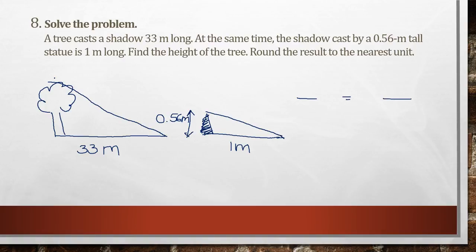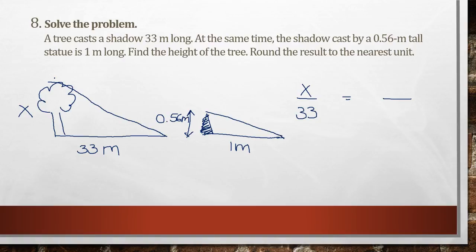So I basically have two right triangles, and that means again I can use proportions to solve this problem. And if I start with my left side, I am looking for the height of the tree, so I can call this x. So starting with x on top, which is the height, and then I have the shadow of my tree, which I put in the bottom. But remember, I told you in the previous problem that you could have also started horizontally, but in my case I'm going to start top bottom.